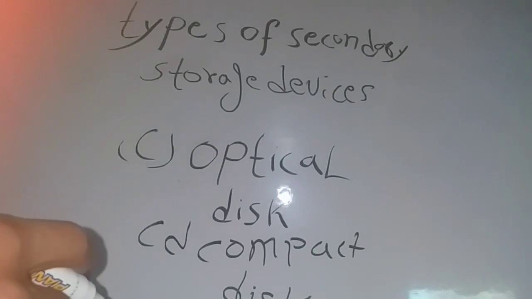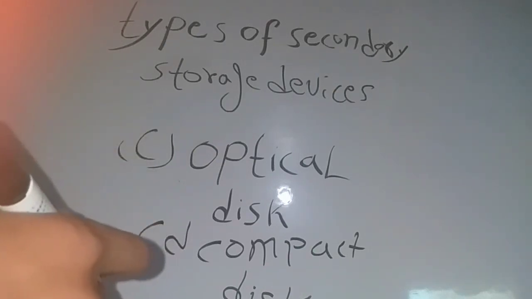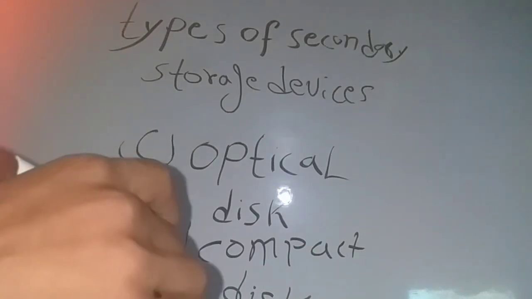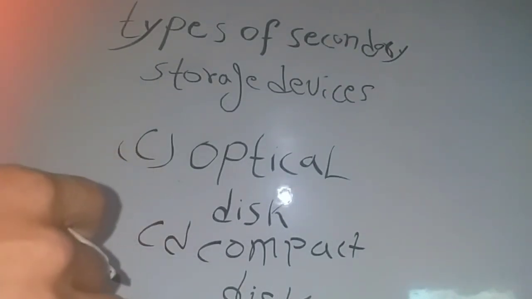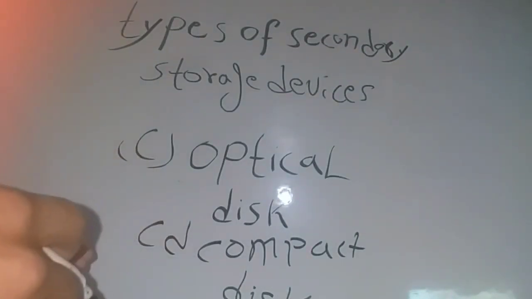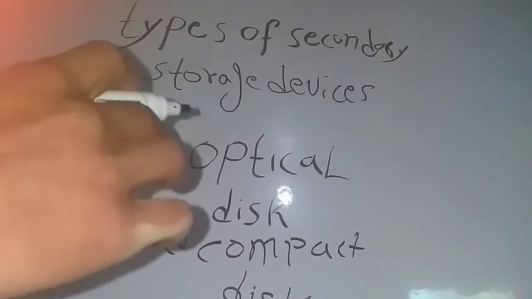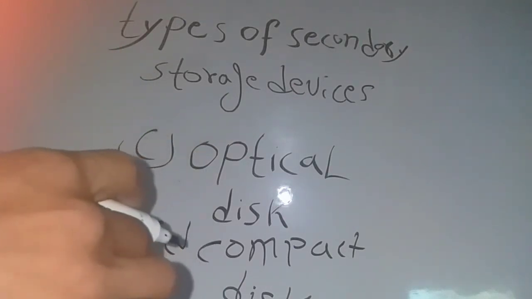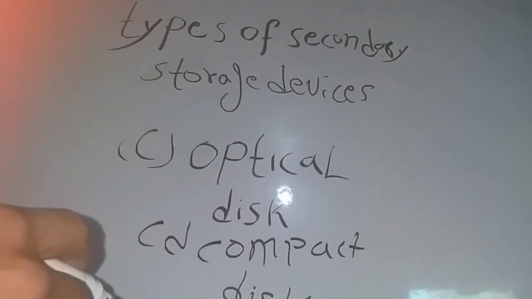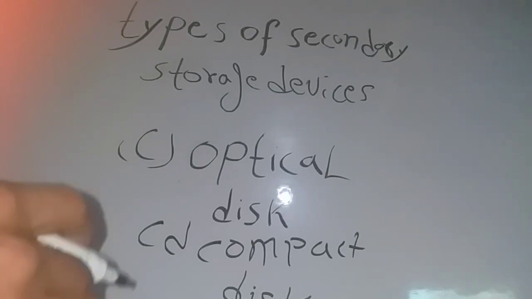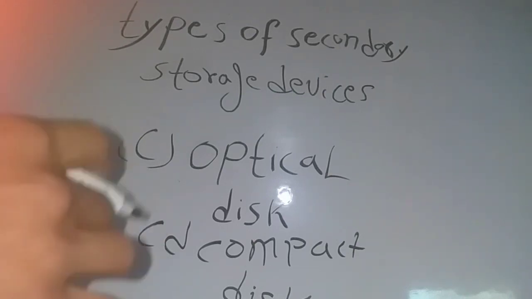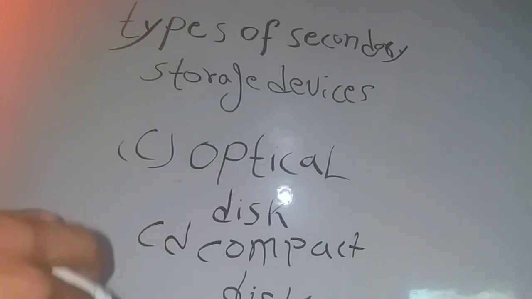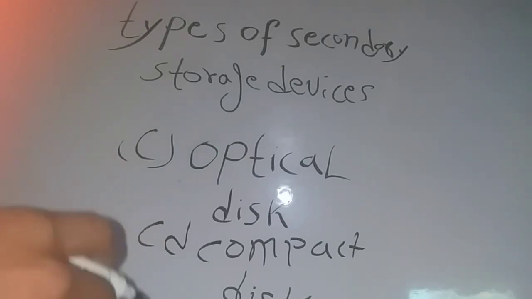CD-RW, or rewritable. CD-R write once disks commonly have an organic recording layer. Rewritable disks typically contain an alloy recording layer. CDs are used for storing music, video, data, and programs. A CD can hold about 700 megabytes of data.